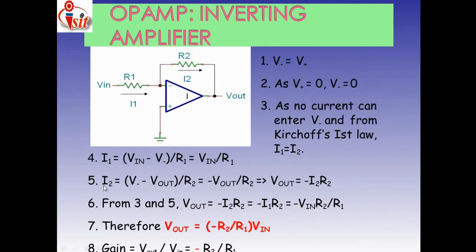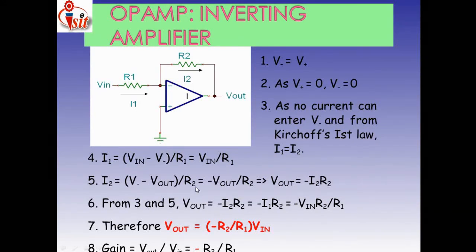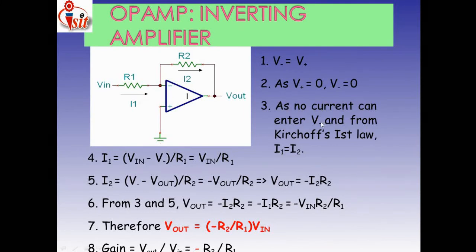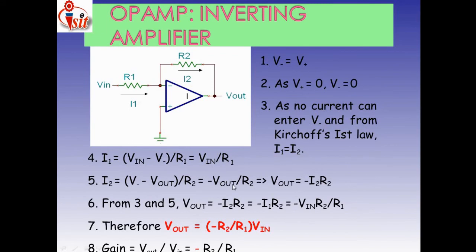Then what about I2? I2 is equal to V- minus Vout divided by R2, which is equal to minus Vout divided by R2, so Vout is equal to minus I2 R2, from equations 3 and 5.